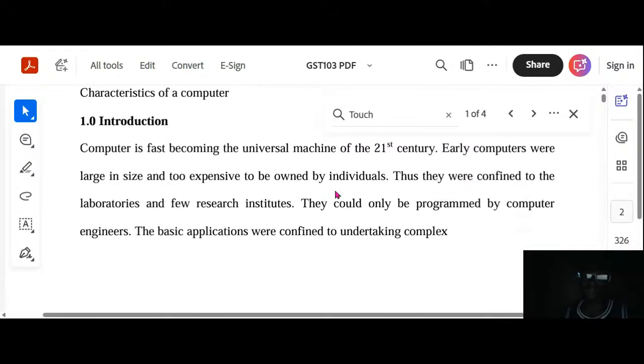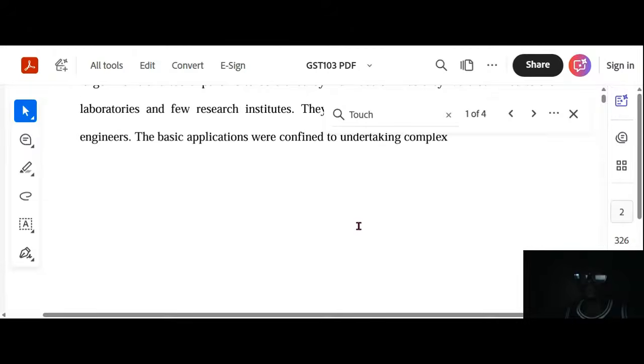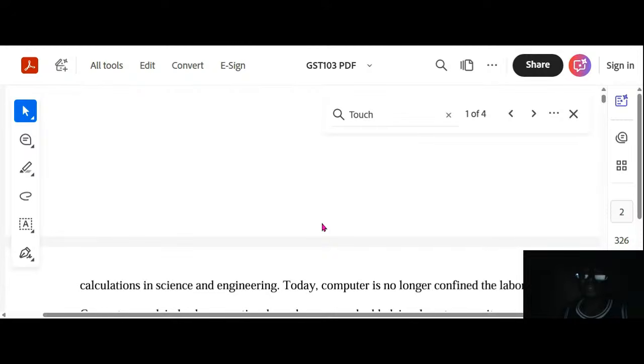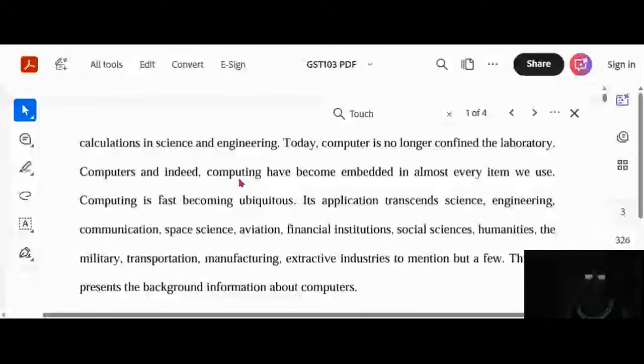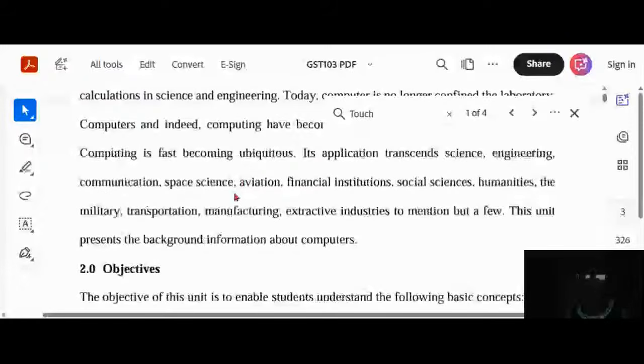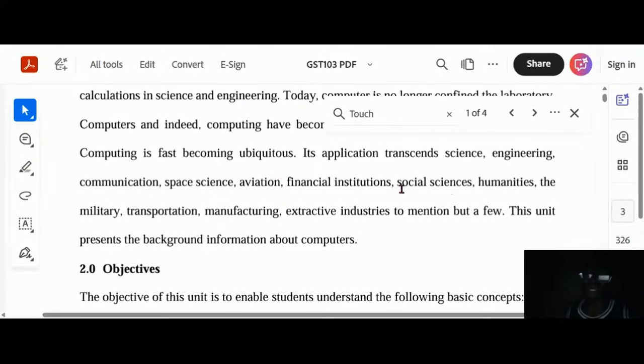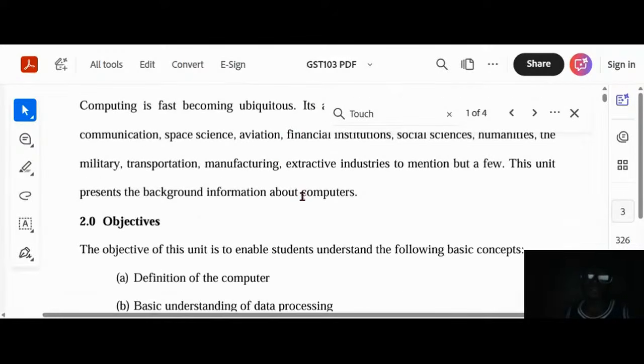I think you guys know that already. Early computers were large in size, too expensive, and only specific individuals were able to own them. Not like now that everybody's getting a laptop, a desktop, you like. Well, computers are used for solving both scientific and engineering problems. Please, you should note that computers are used in solving both scientific and engineering problems.